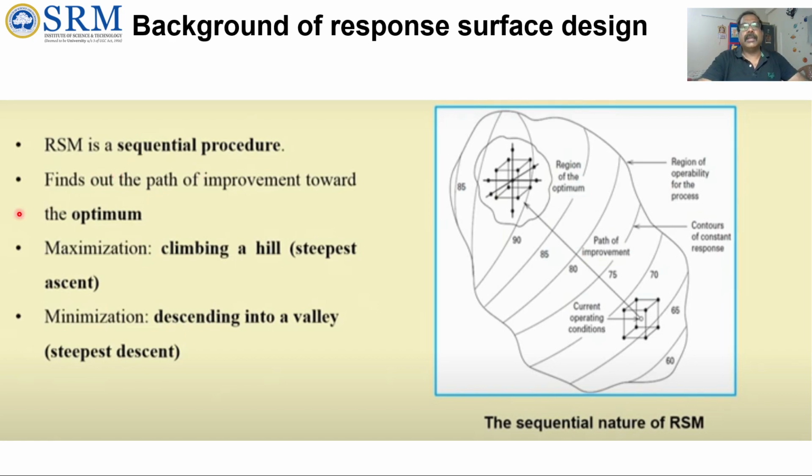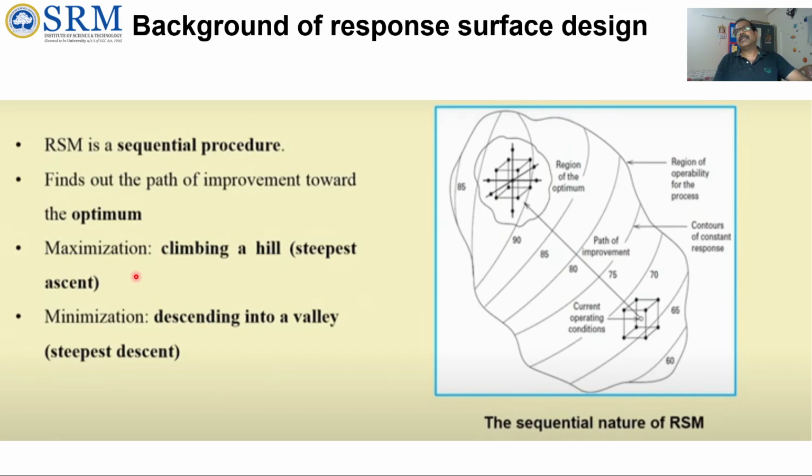We need to find which way, if we proceed, we will get better output, like finding the path of improvement towards the optimum. That may be either an increasing trend or a decreasing trend. An increasing trend is a maximizing condition, otherwise called climbing a hill or steepest ascent.